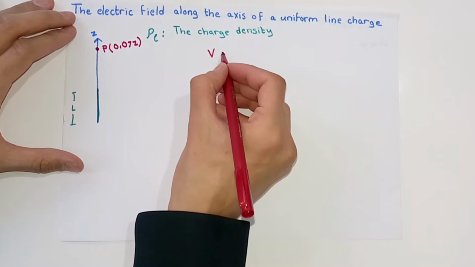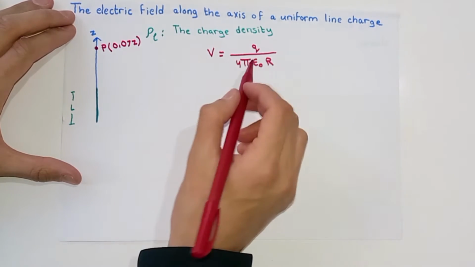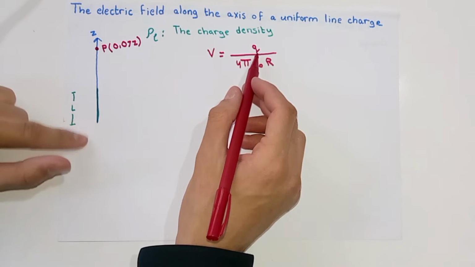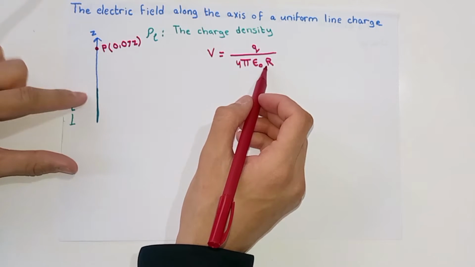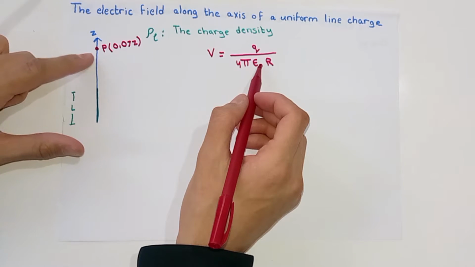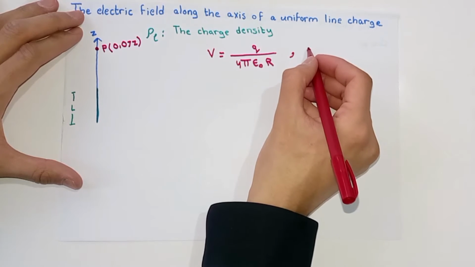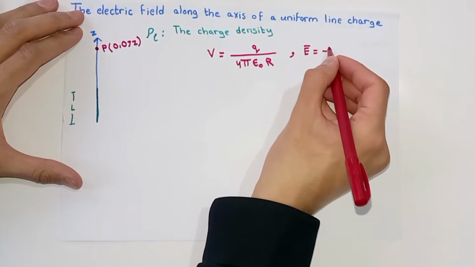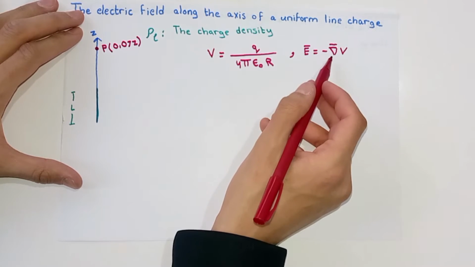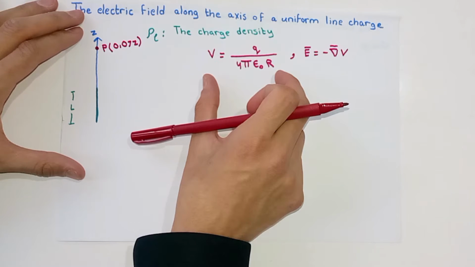It's represented by this, where Q is the total charge and R is the distance between the charge and the point where we want to find the electric potential. After finding this, we will apply the gradient operator. We know that the electric field is the negative gradient of the potential.